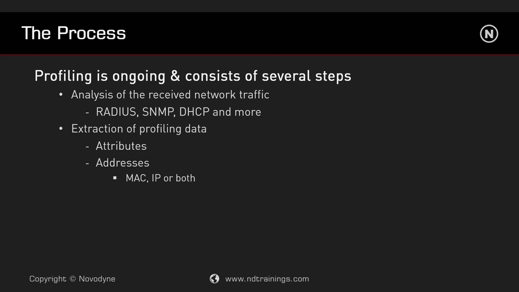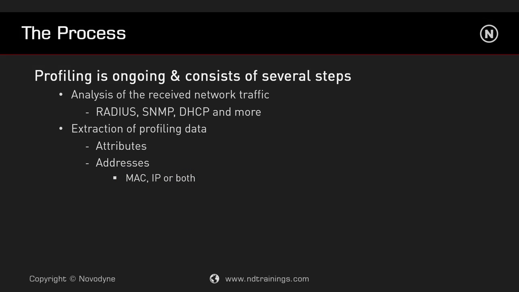So in general, our endpoints will be identified through their MAC addresses. The MAC address is supposed to be unique in the network, and this information will allow us to distinguish between the endpoints also in the endpoint profiling endpoint database. But in some cases, it is also going to be an IP address, or ideally what we will try to achieve is to have both addresses, the physical and logical address of an endpoint.